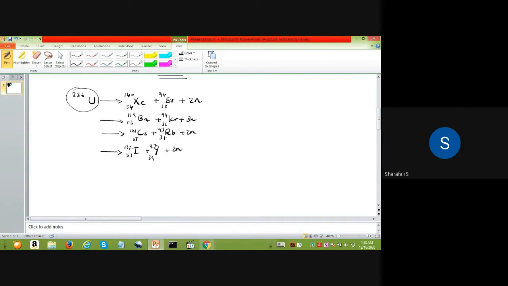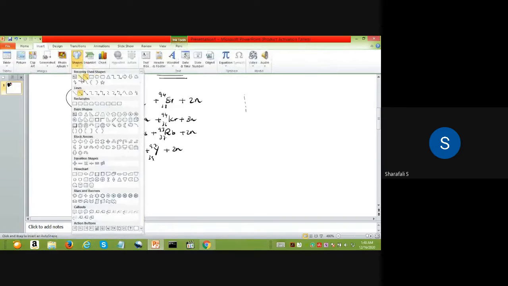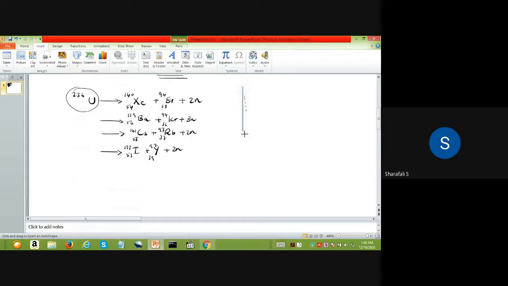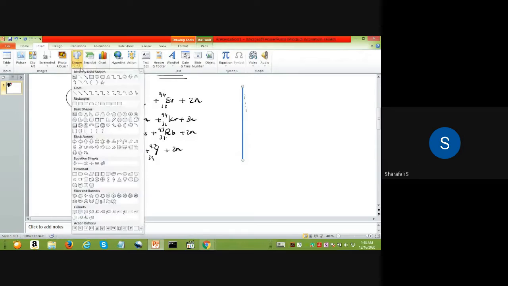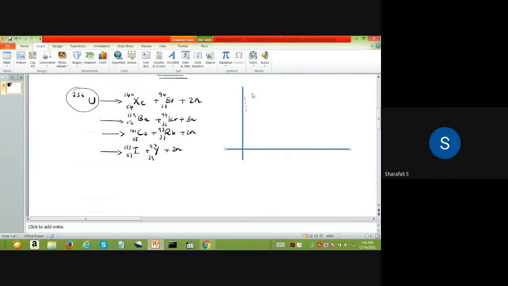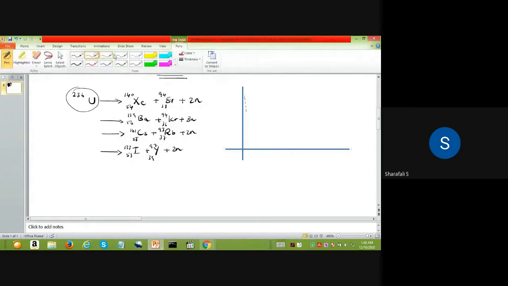Now consider the yield of these reactions. I will just put that axis. If you consider this is your x-axis, this is the y-axis.